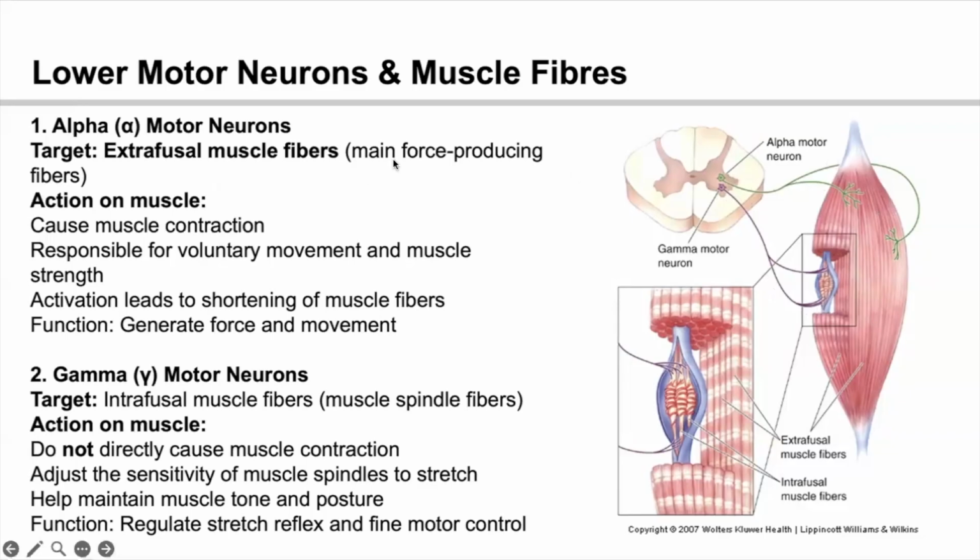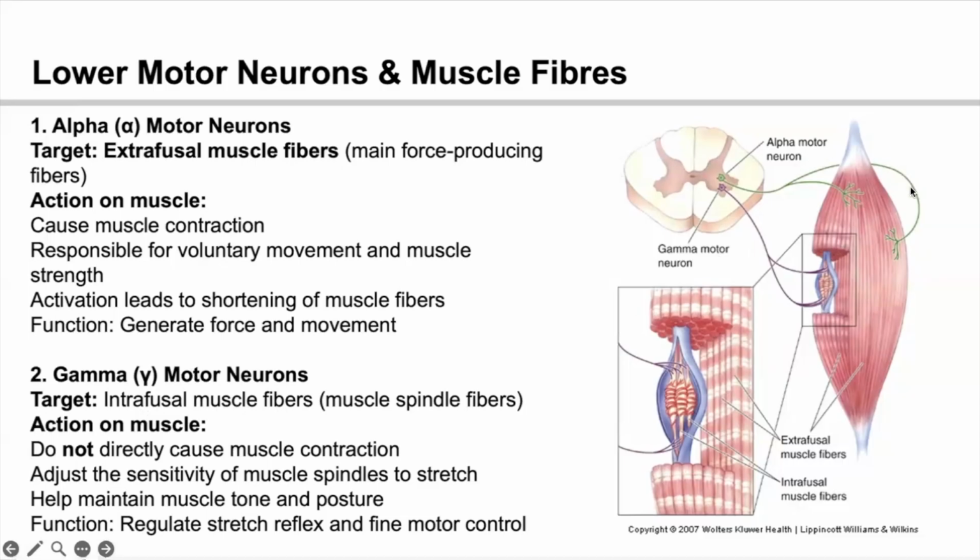In order to study the alpha motor neurons, we need to know their target organ or which fiber it controls. There are two fibers that we will learn here: extrafusal muscle fibers, and intrafusal muscle fibers.